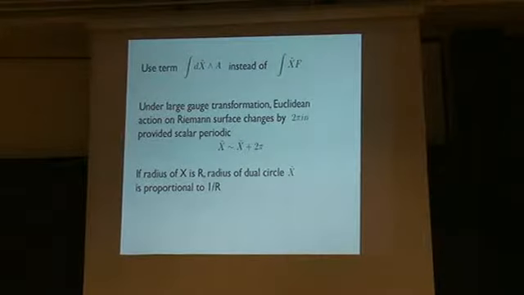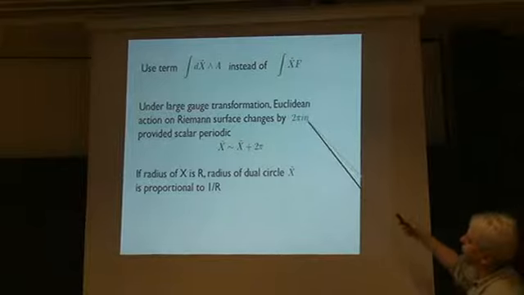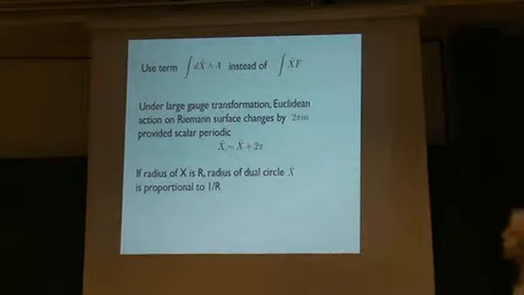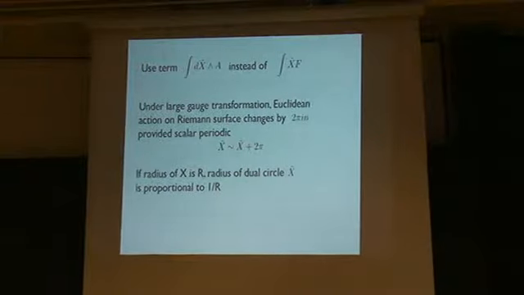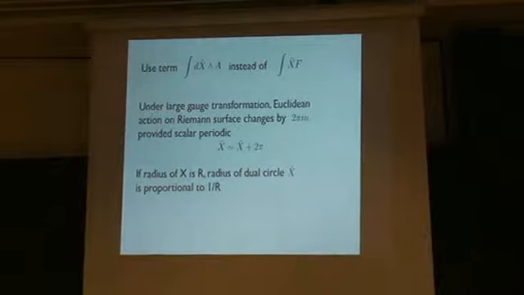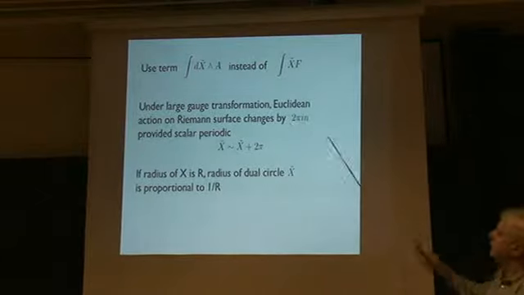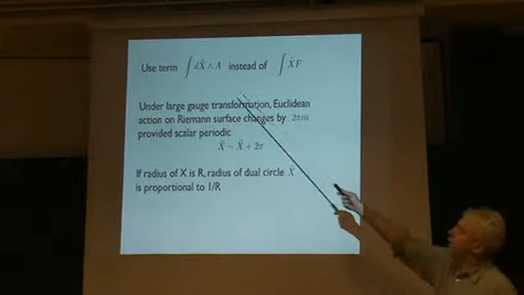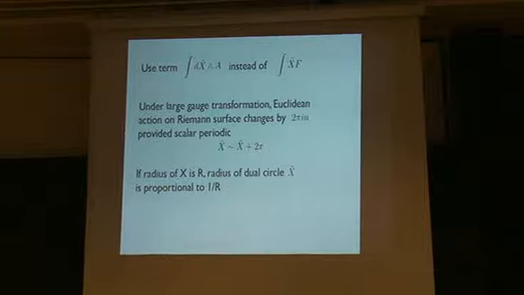As we'll see in a moment, the Euclidean action on the Riemann surface will then change by 2 pi i times an integer, provided this scalar X tilde is chosen to be periodic. If we do that, then e to the minus the Euclidean action will change by e to the minus 2 pi i n, and so will be invariant. And so the quantum theory will be preserved, even though under a large gauge transformation the classical action will change by a constant.